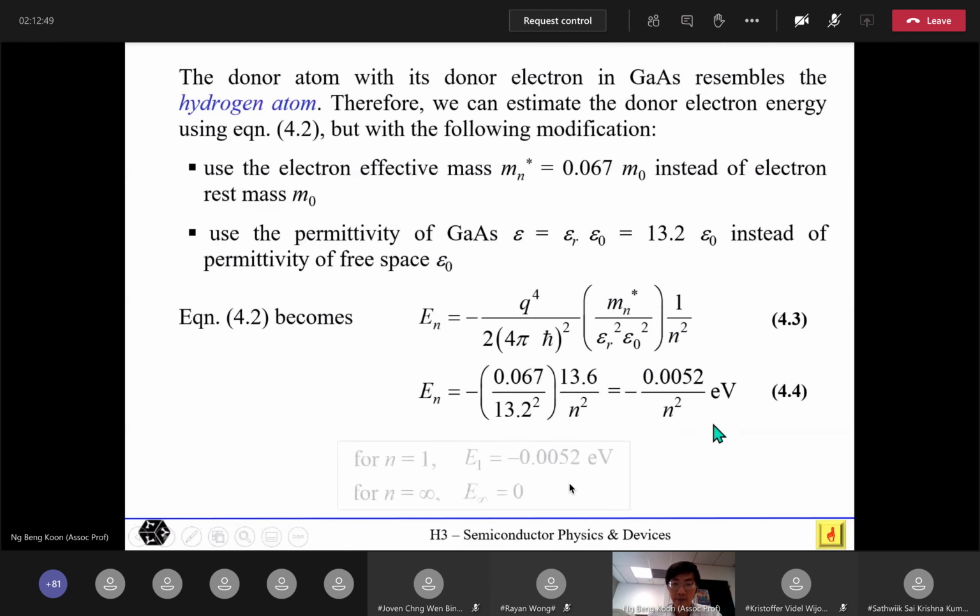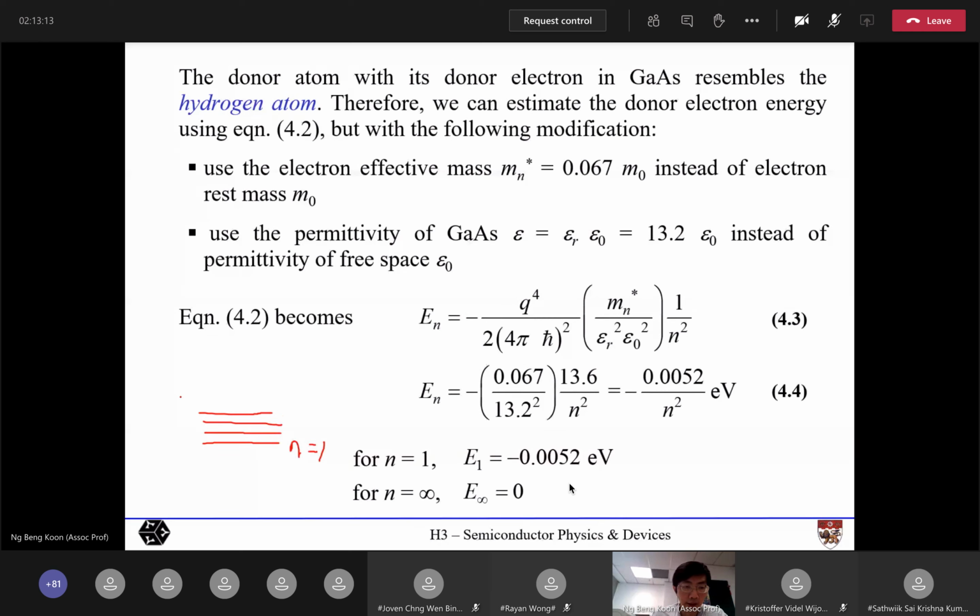If you were to sketch the energy of this fifth electron, starting from the lowest value, n equal to 1, it is minus 0.0052 eV. If you substitute n equal to 2, it's a slightly less negative number, so it's another level here, then n equal to 3.